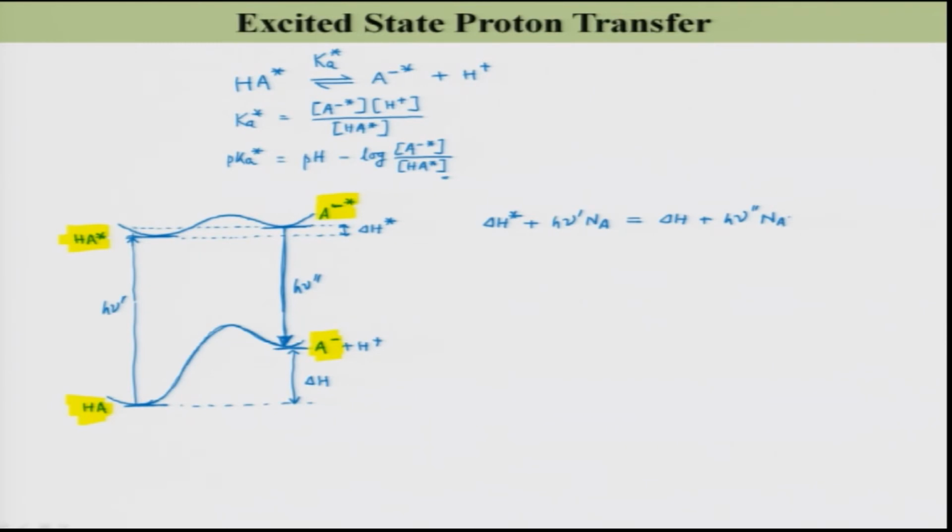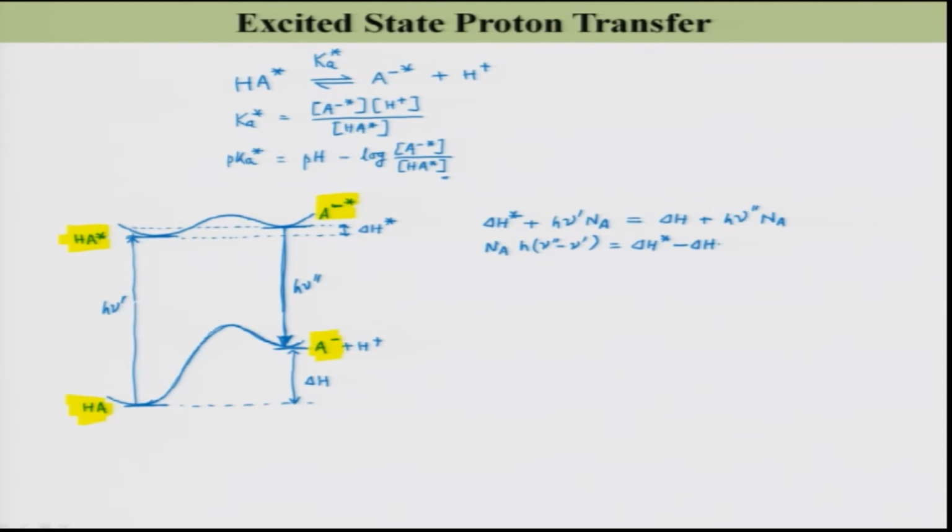I can write this. So, now let me rearrange: Na H times nu double prime minus nu prime is equal to delta H star minus delta H.